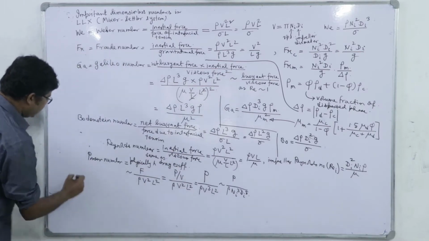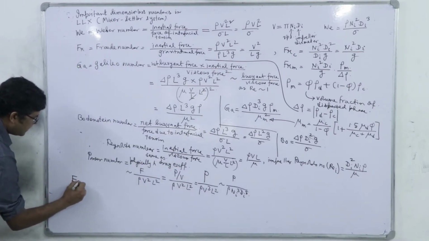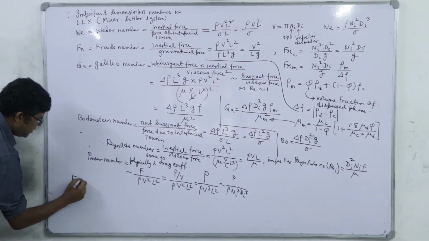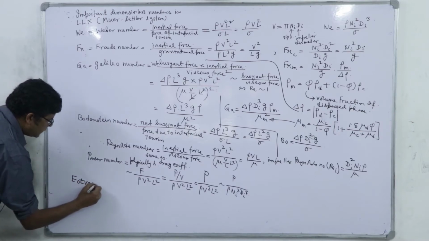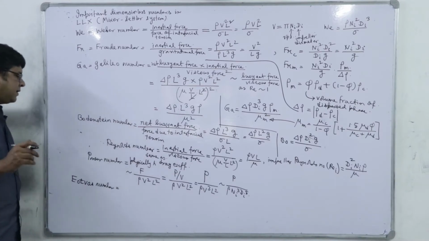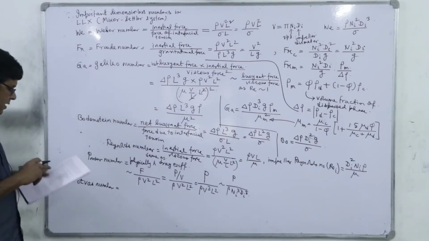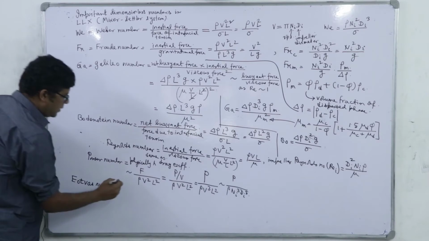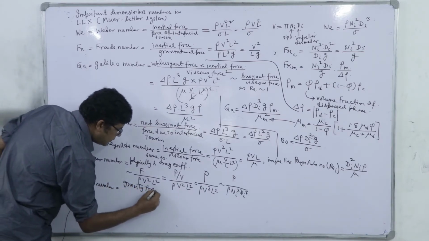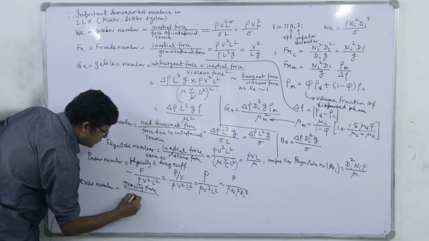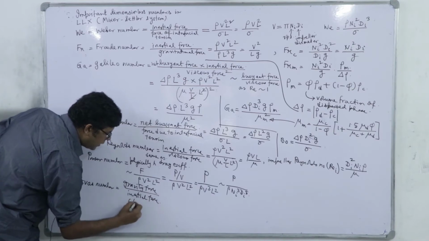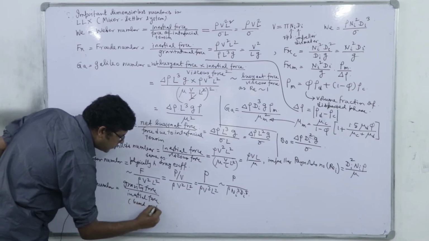And last is the Eotvos number, Eo. So, that is gravity divided by inertial force, right. So, Eotvos number is gravity force by inertial force, but this is based on the dispersed phase.